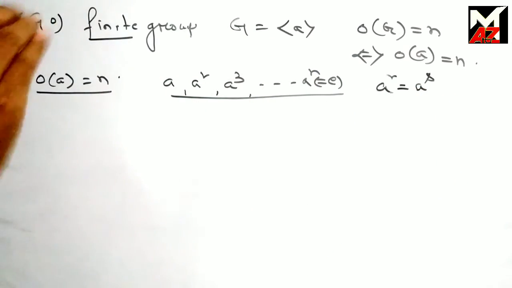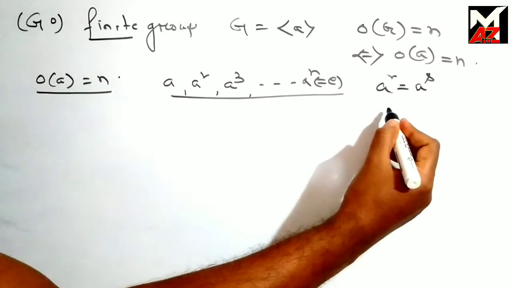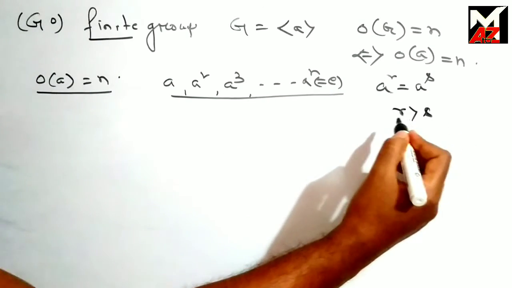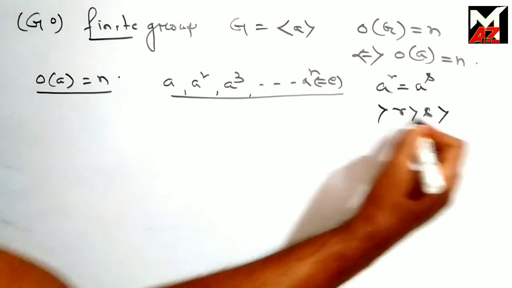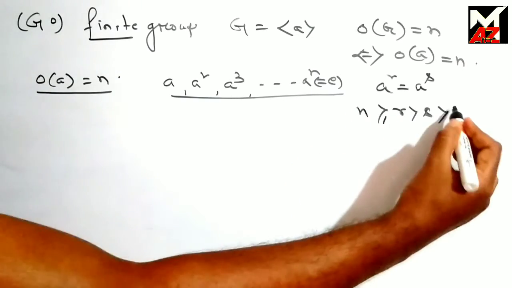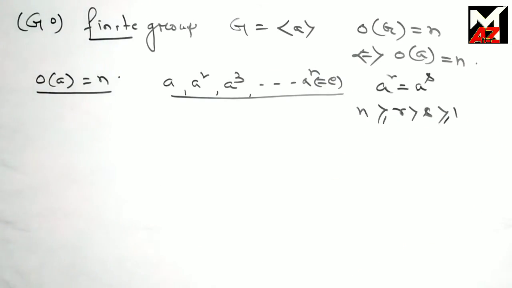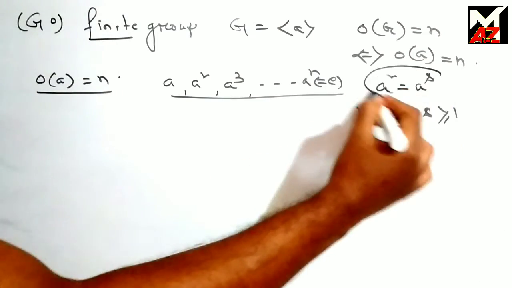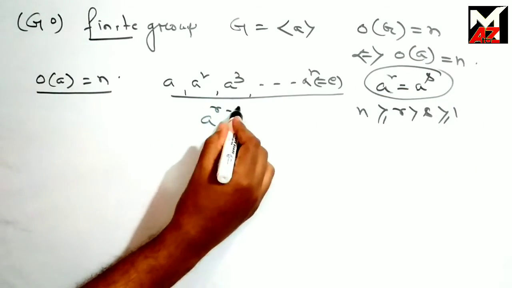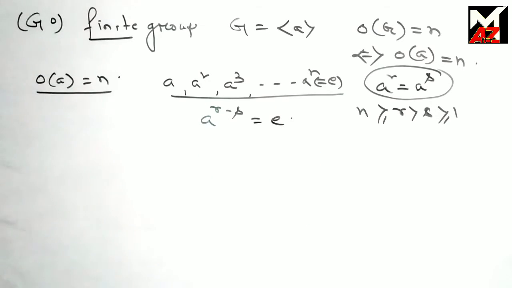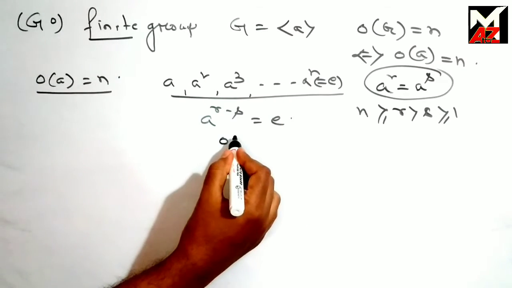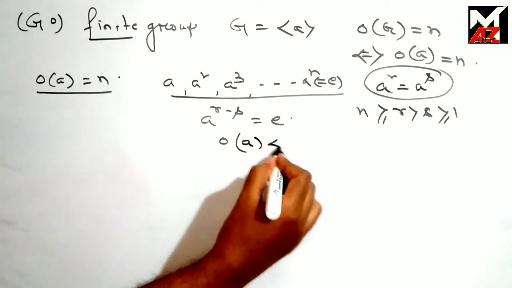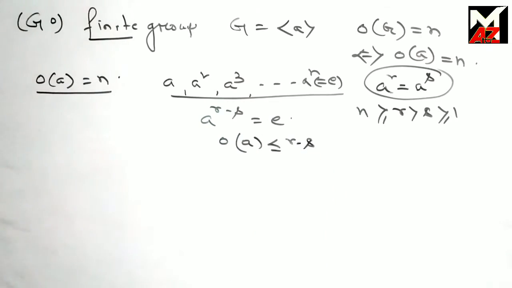These are the same, where r is greater than s, but r is less than or equal to n and s is greater than or equal to 1. And from this relation we say that a to the power r minus s is equal to e. So the order of a is less than or equal to r minus s.